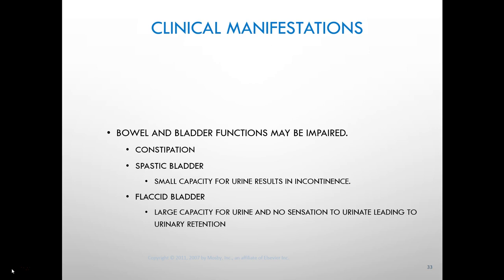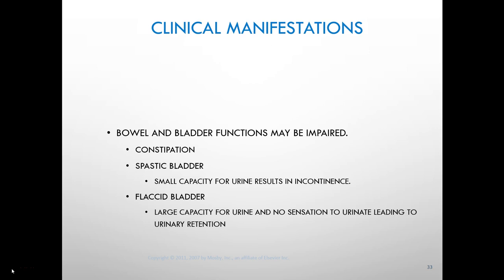They have bowel and bladder problems. Constipation, we went over that already. Increase fluids, give them stool softener, ambulate them to help counter constipation. Spastic bladder has a small capacity for urine and can lead to incontinence, because it keeps squeezing. They have less room for urine to accumulate, so that can lead to urinary incontinence.